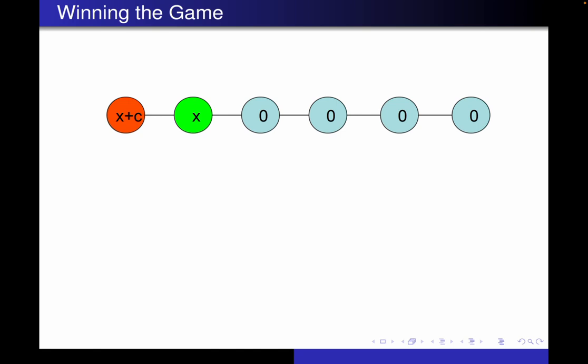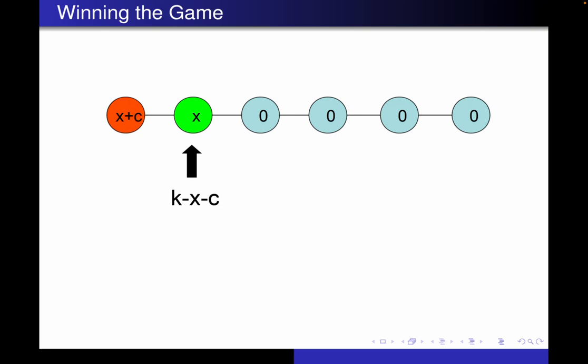Whatever I do, I have to make sure to turn off that vertex on the left, right? Since I can't hit the vertex on the left anymore, I've already hit it X times, that's the total number of times it gets toggled. The only way I can turn it off is by hitting the one just to the right of it. And I've got to do that in a way that takes it to 0. There's only one way to do that. I've got to hit it K minus X minus C times.